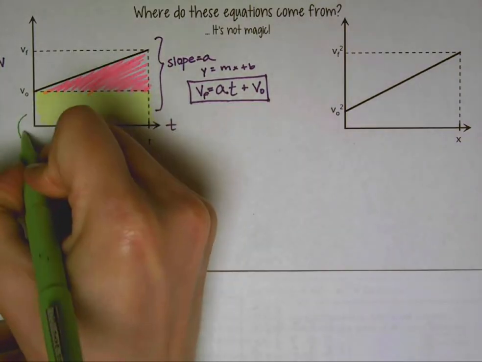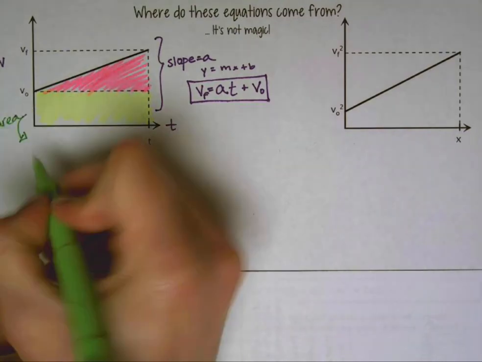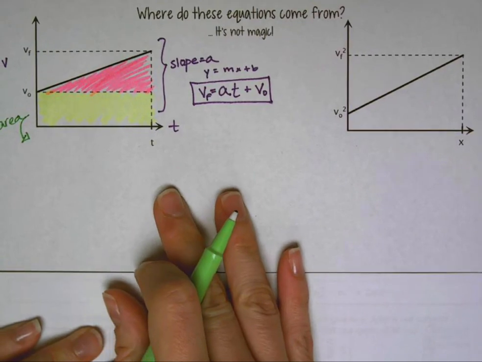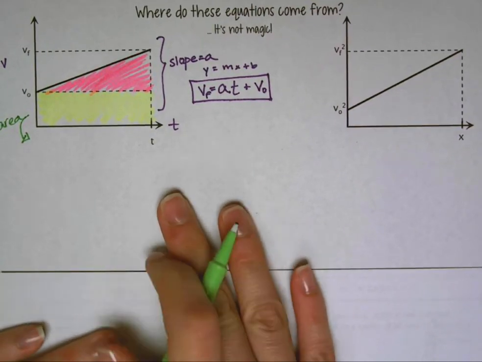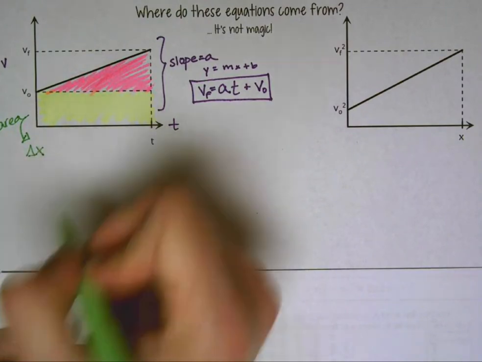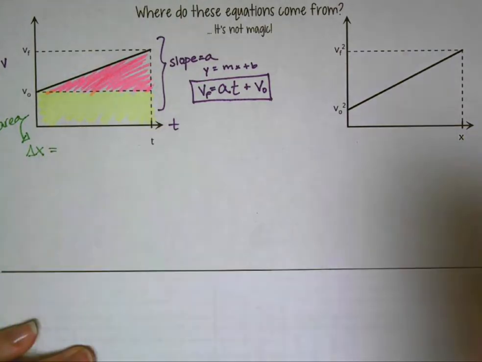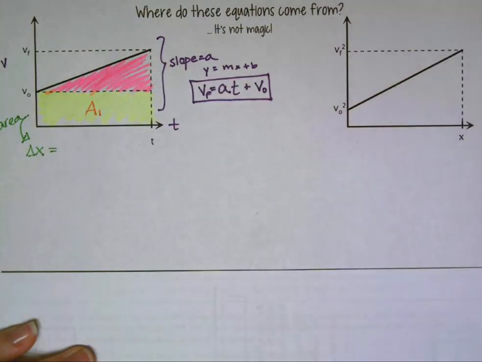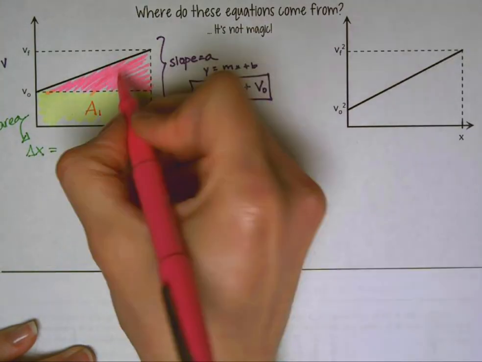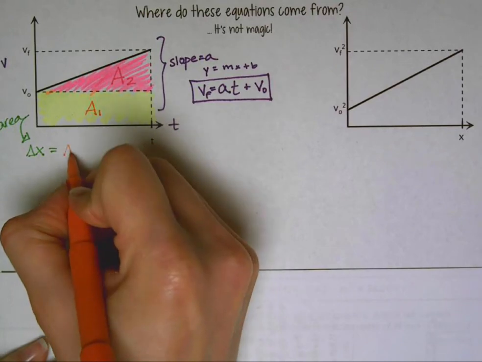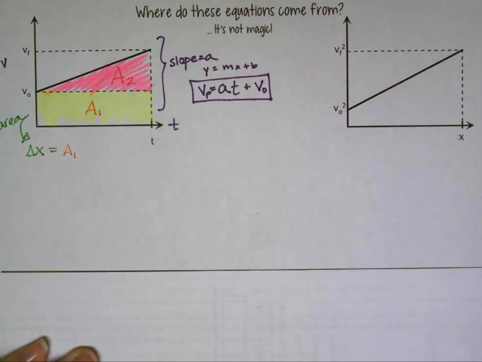Remember that area under a velocity time graph is equal to displacement. So displacement is going to be equal to the area under the graph. I'm going to label this A1 for area 1 and A2 for area 2. So displacement is equal to A1 plus A2.